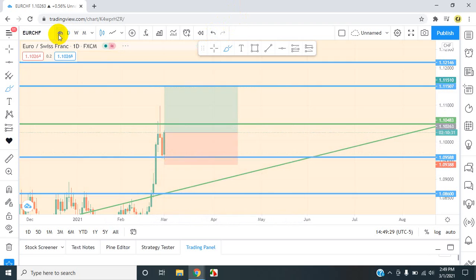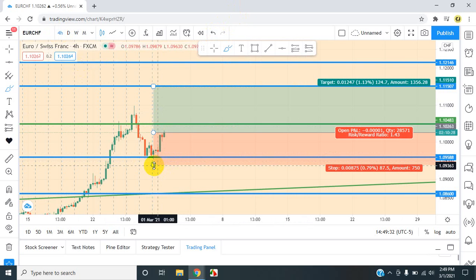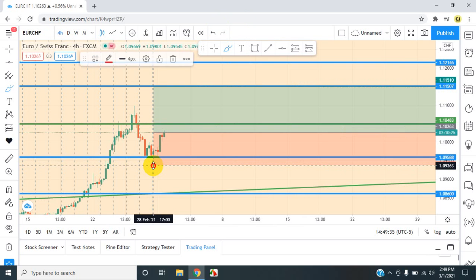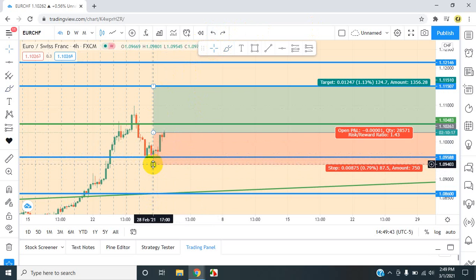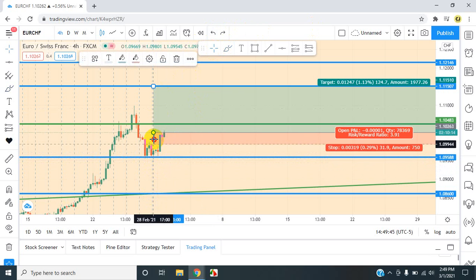And let's say the market turned on us and went back, that'll probably be an estimate of 33 pips for the low and 124 pips to the high. So the TP will be 124 pips. If we find entry for this trade and the market goes back and hits our low, that will give us 33 pips for our stop loss.